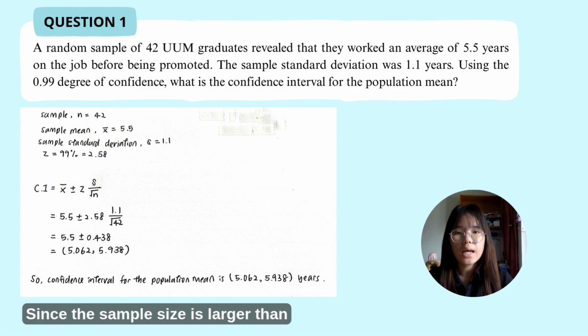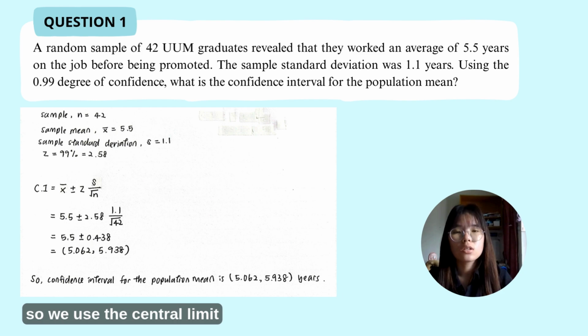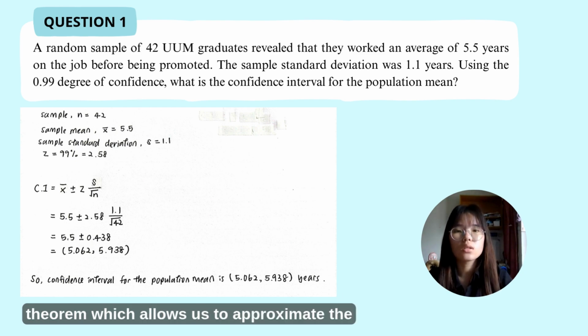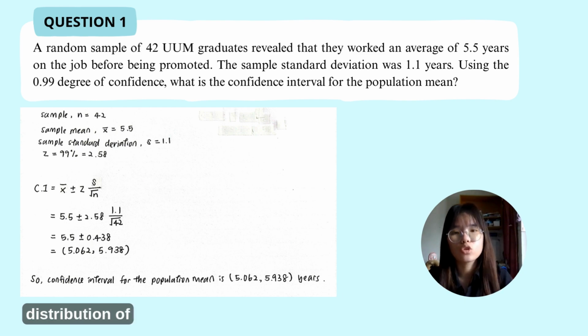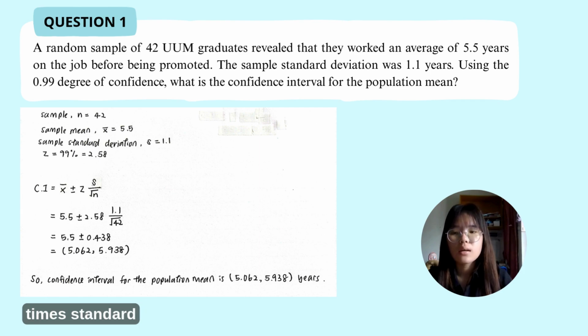Since the sample size is larger than 30, we use the central limit theorem, which allows us to approximate the distribution of the sample means as normal. Therefore, we use the z distribution for this calculation, and the formula like the slide shows: mean plus or minus z times standard deviation divided by square root of n.